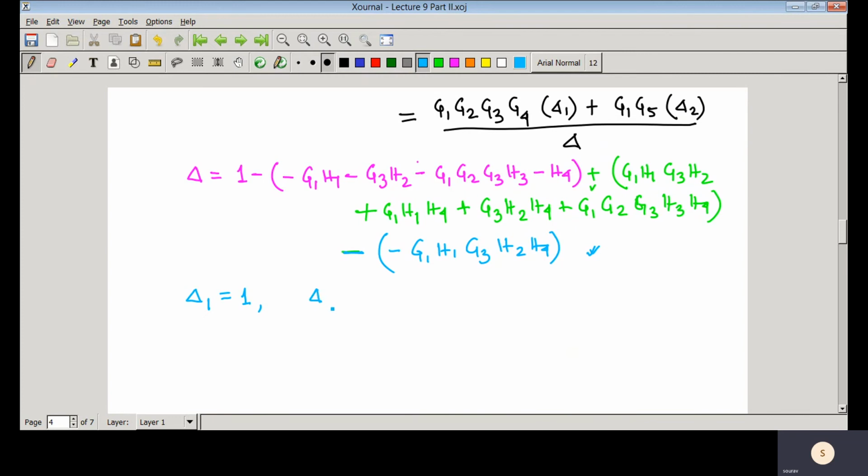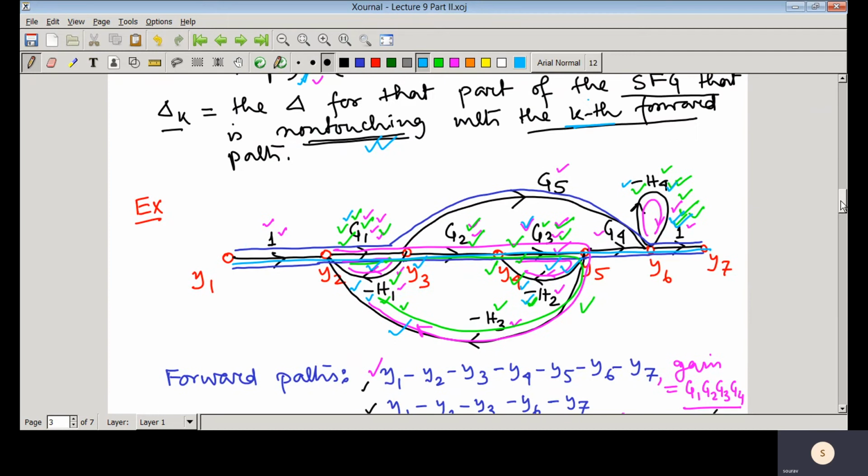Now let us see what is delta 2. The second forward path is this one, and here there is only one loop which is non-touching with this forward path.